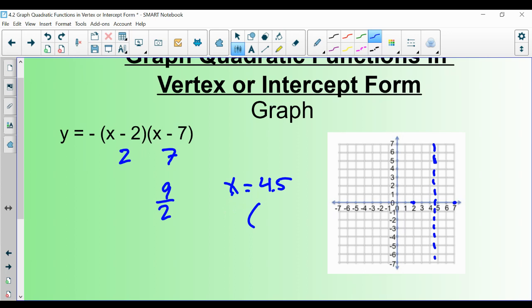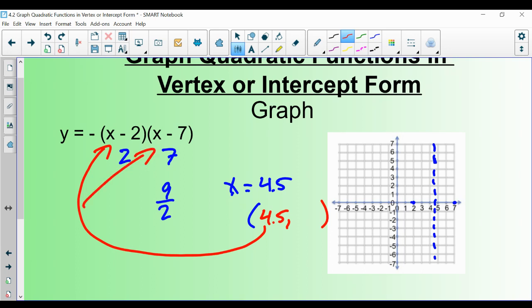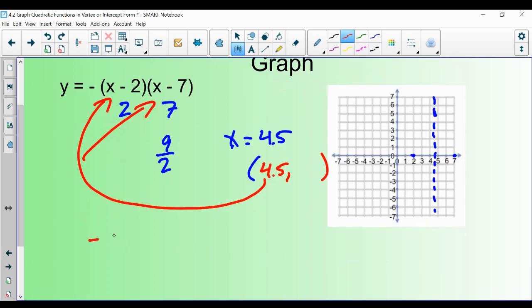From there, you are going to know that the vertex exists somewhere along this line. So it's going to be 4.5 comma something. And we don't know what that something is, but we can find out pretty easily by just taking 4.5 and putting it in there for x and there for x, which would give us negative 4.5 minus 2 times 4.5 minus 7.